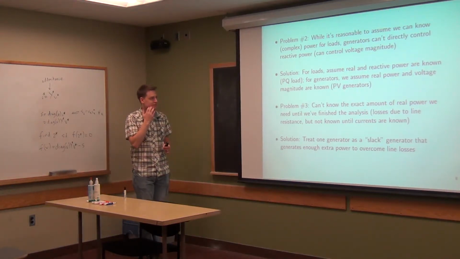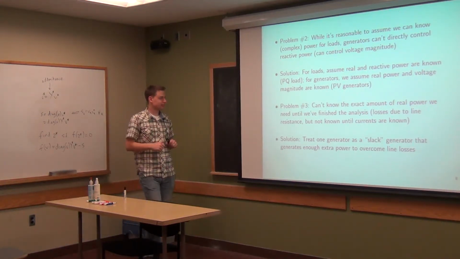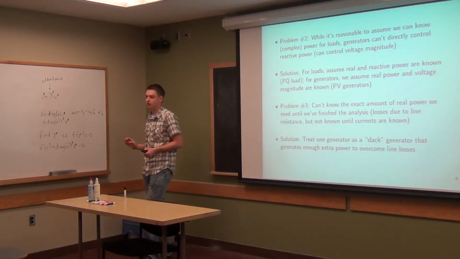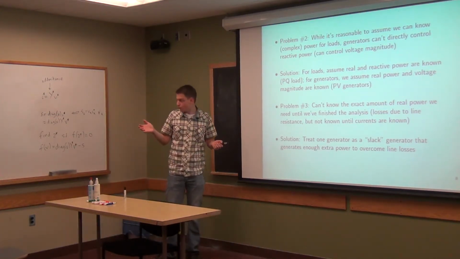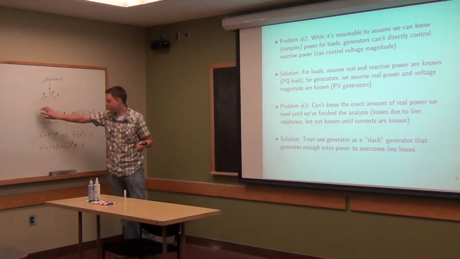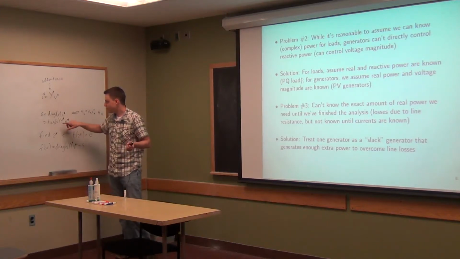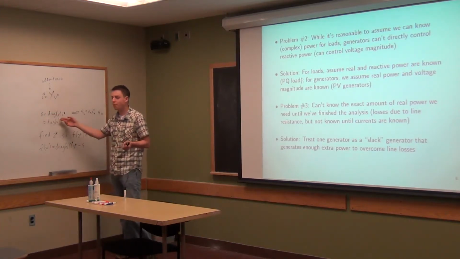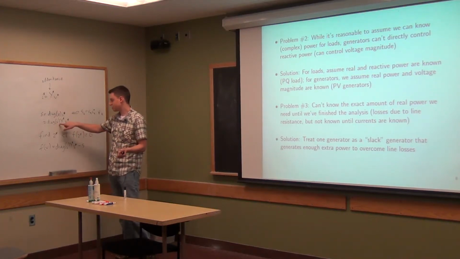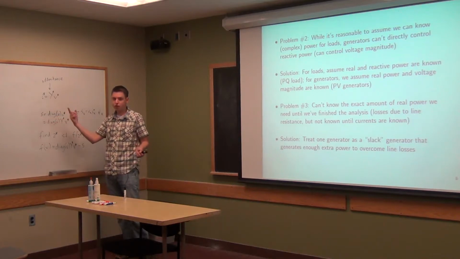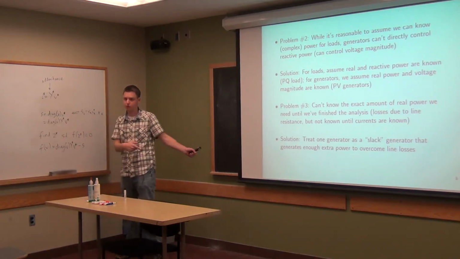So this makes it a little trickier then, but really this isn't that much harder, because all we're saying then is, well, we're solving for both elements in V here. But we could also just say, well, we know something about V. We know V, or the magnitude of V, for, say, every node that's a generator in our system. And in those elements, we just don't know what the reactive power is here. We know P, but we don't know Q.